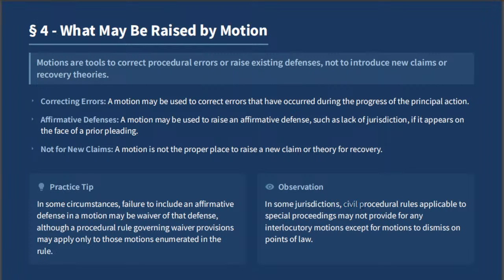In some jurisdictions, civil procedural rules applicable to special proceedings may not provide for any interlocutory motions except for motions to dismiss on points of law. So, civil procedure rules in some jurisdictions applicable to special proceedings, whichever those may be. Something to be aware of, though.